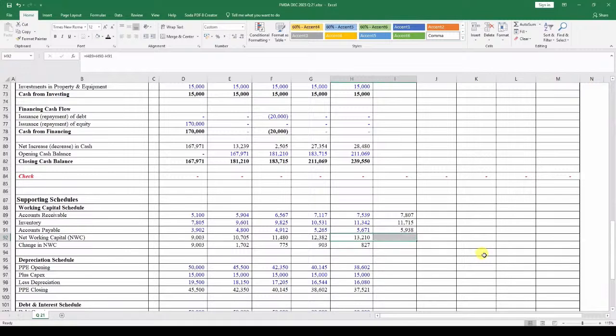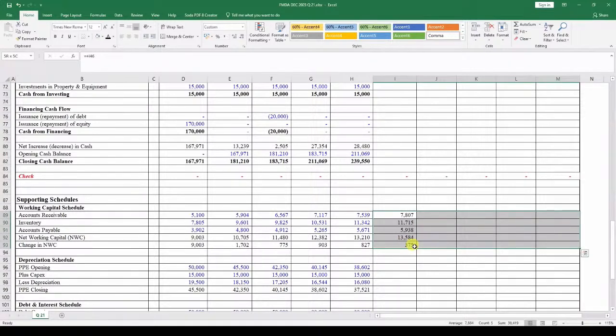So just put it like that and it picks. The change in net working capital is the difference between changes in this year from last year's. You can see the formula there. This value subtracting that value there. So I'll initially fill it like that. Then now I can drag it moving down like that.